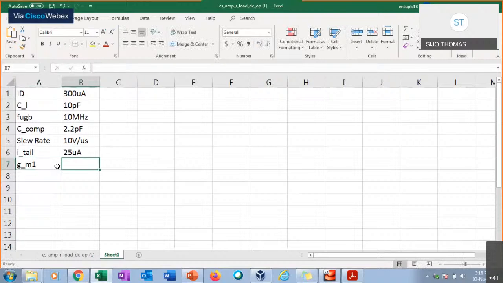From the specification, the unity gain bandwidth is 10 megahertz, multiplied by the CC value, 2.2 picofarad, into 2 pi, because it is in hertz. So GM1 comes out to be 150 microsiemens.